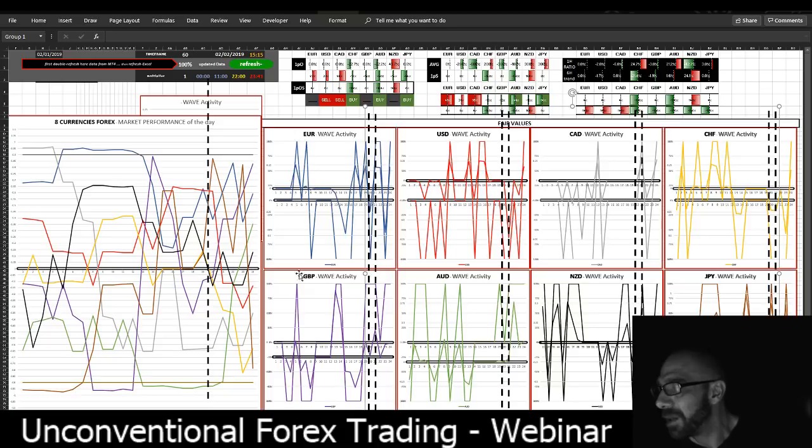Okay, on the other side, if we take this first choice, Aussie, we see that at this moment Aussie is still trending down. It's not good to buy Aussie at this moment. In fact, in the Aussie wave activity, there is an overvalued situation of the fair price of the Aussie, because these are fair values.